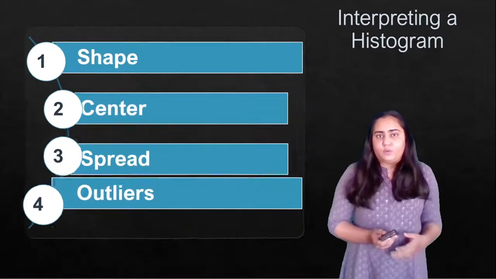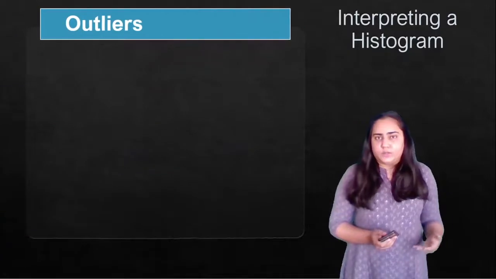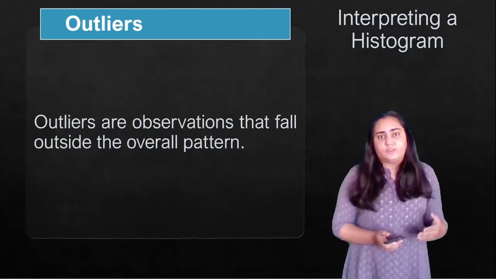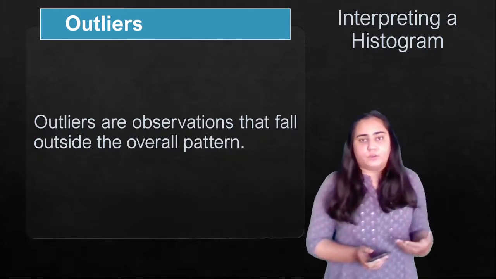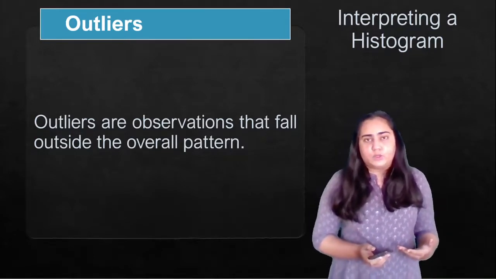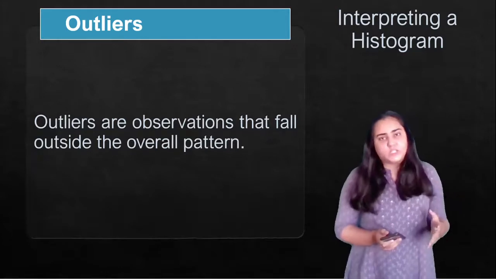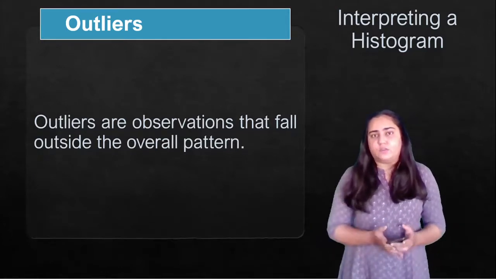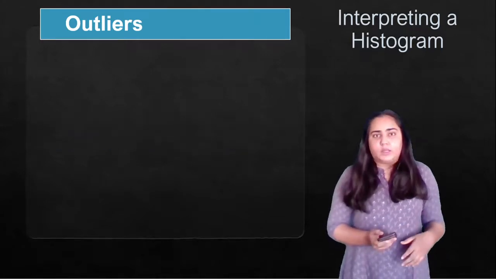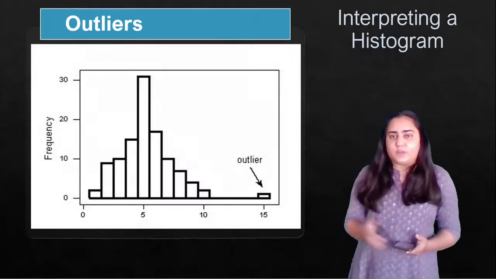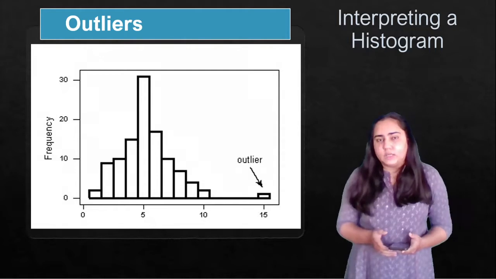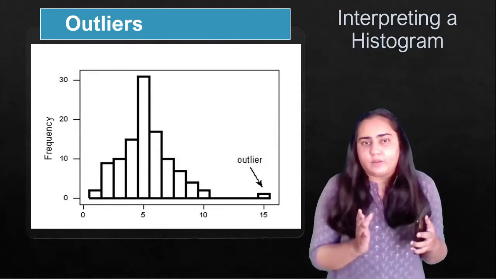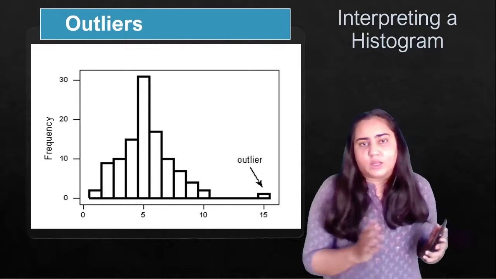And the fourth thing we have is outliers. Outliers are observations that fall outside the overall pattern. So they do not fit into a histogram like everything else does, but fall outside of the overall pattern. You can see an example of an outlier right here. Everything else is all stuck together, going from 0 to 10.